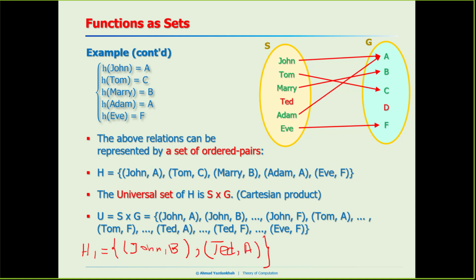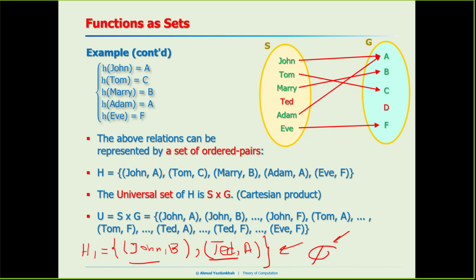Yeah, if we just imagine that it was a test, in that particular test only John and Ted were present, right? The rest of them, maybe they went for a demonstration, whatever, I don't know, the party. It's not the case that every subset of this U can be a function.